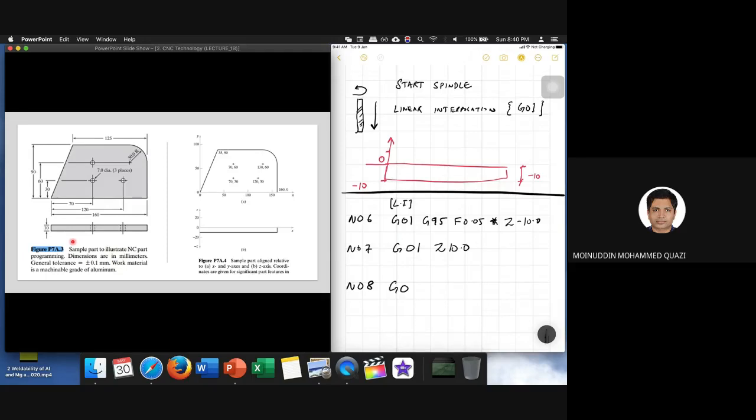So point to point G0, come back to the coordinate X0, Y-50, and M05. What does M05 mean? Stop spindle. And then I want to finish the program. So N09 is M30. Finish program.